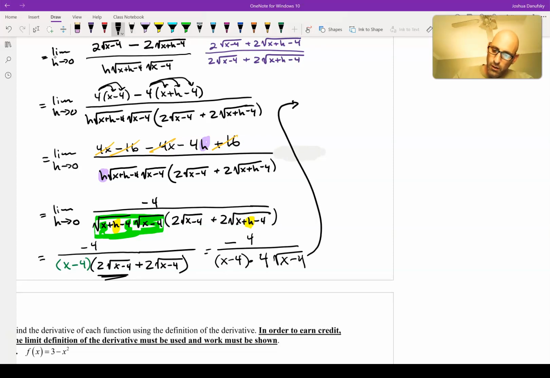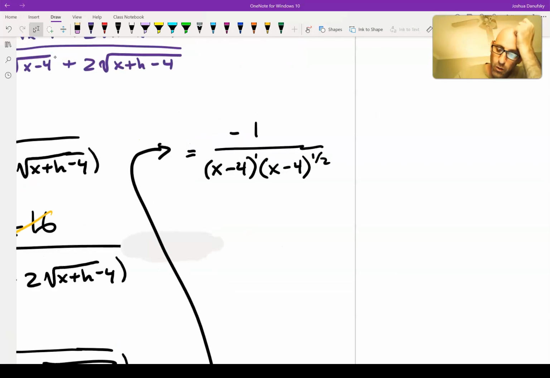We're going to have negative 1 over x minus 4 times, if you remember, a square root is the same as the contents inside to the half power. And so now we can add exponents on these two factors in the bottom, right? This has a 1 here, also known as a 2 over 2.